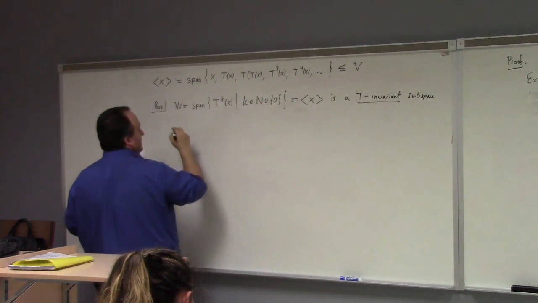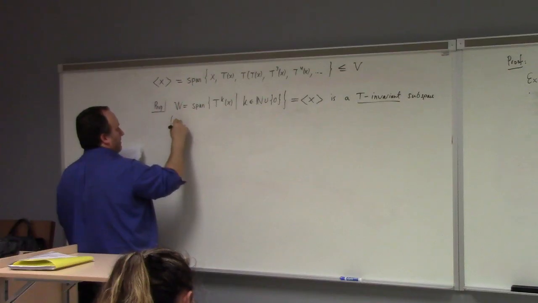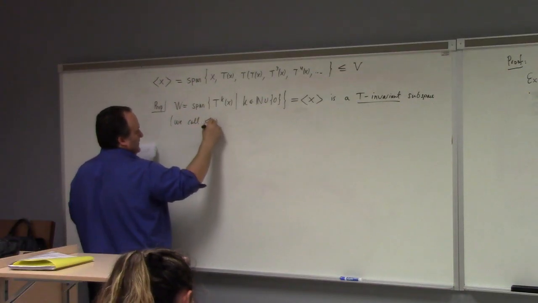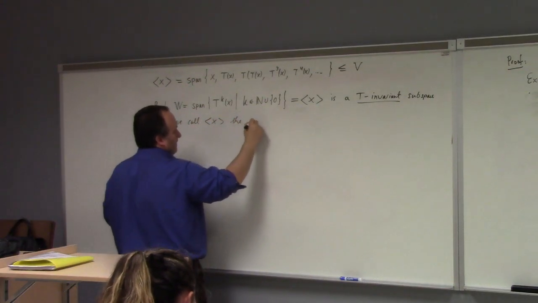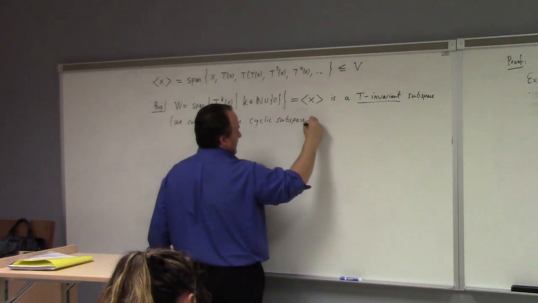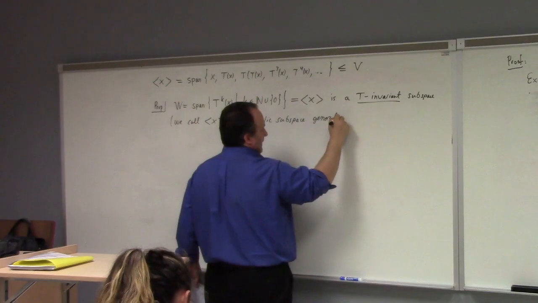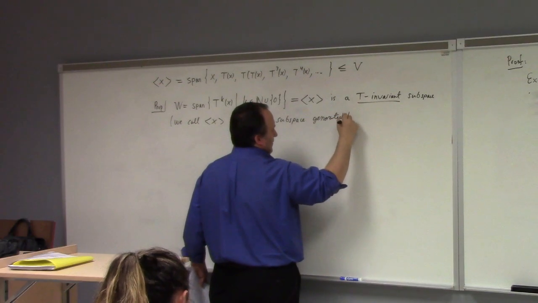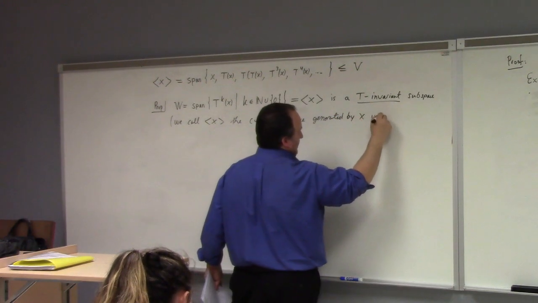And we call this the cyclic subspace generated by x under T.